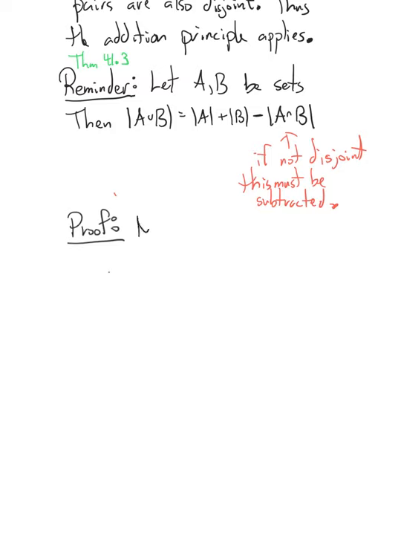So note that A is A minus B union the intersection of A and B, and those are disjoint.